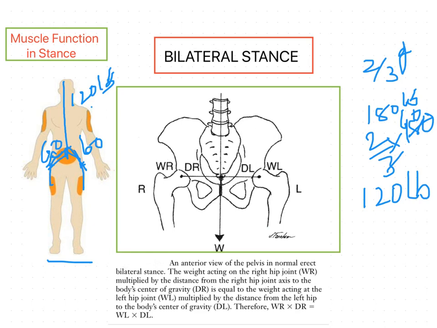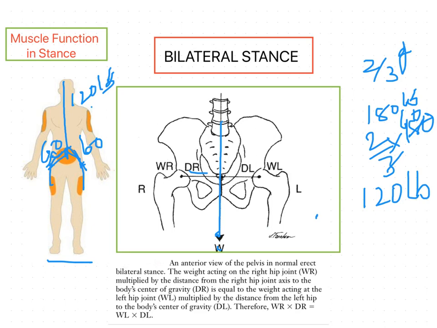Now we will see this picture. Here the joint axis of each hip lies at an equal distance from the LOG, the line of gravity. This is the weight, this is the LOG, and the joint axis of each hip joint lies at an equal distance.